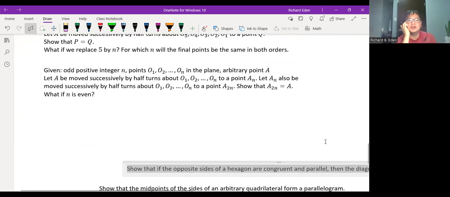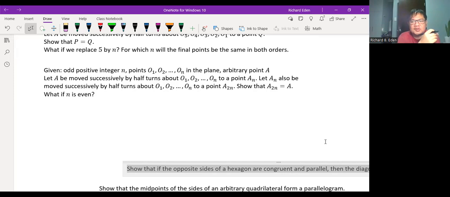So we have an odd positive integer n, and then n such points, and then an arbitrary point A. And then what we want to do is move A. So we're not talking about a segment, just a point. A reflect with respect to O1, O2, and then O sub n. And then at the end of those n half turns, the image of A is A sub n.